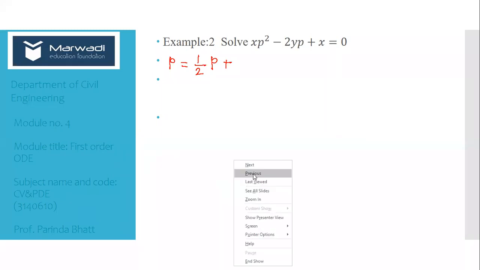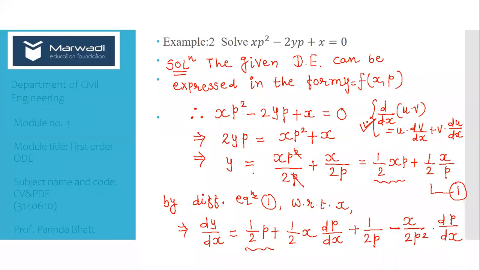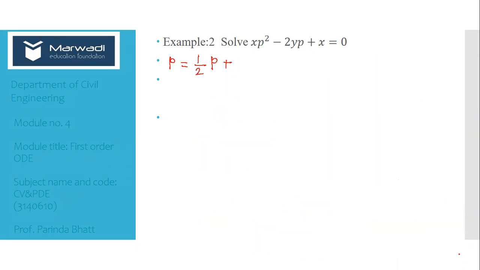Both these terms we merge and take dp by dx common. Therefore, plus 1 by 2x minus x by 2p square, dp by dx, plus 1 by 2.